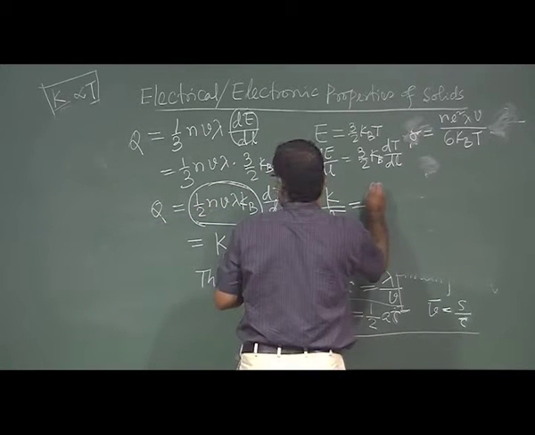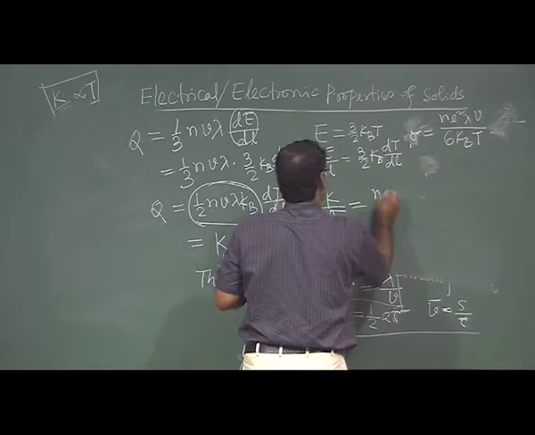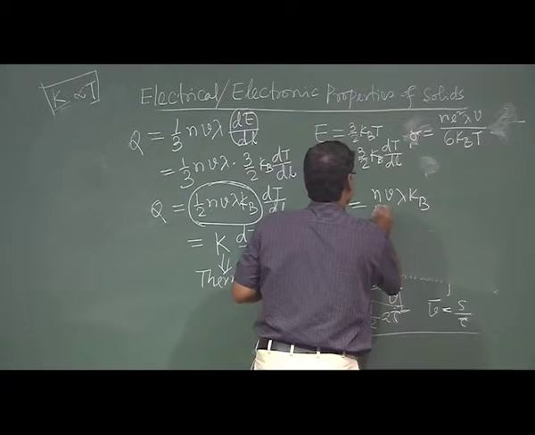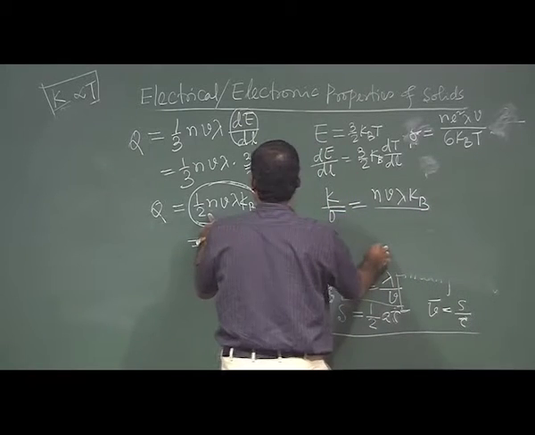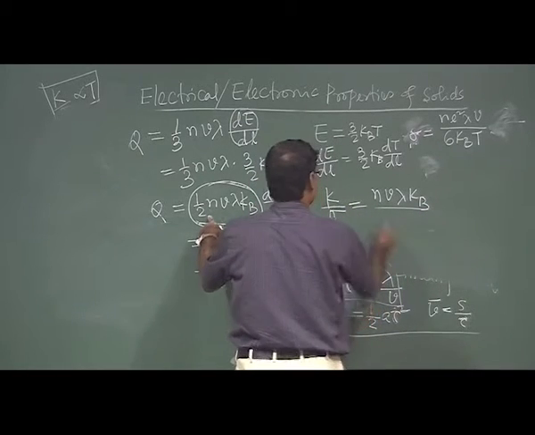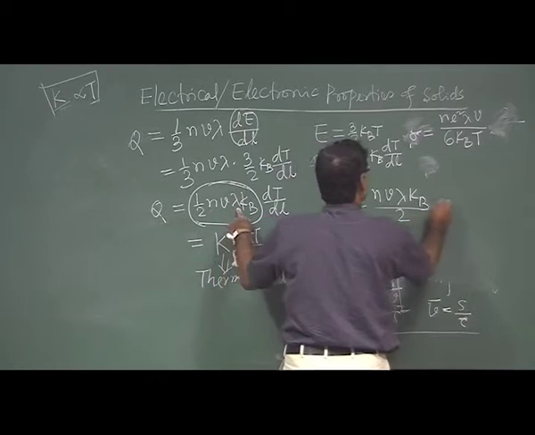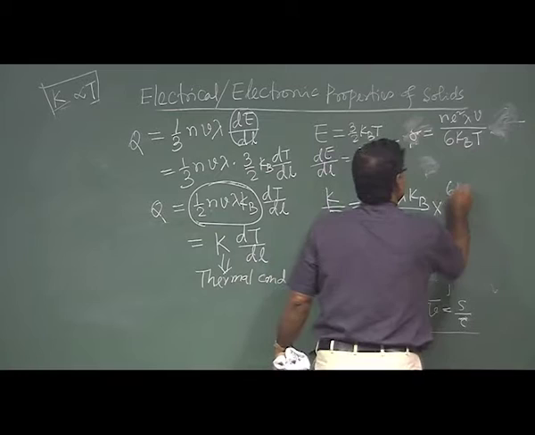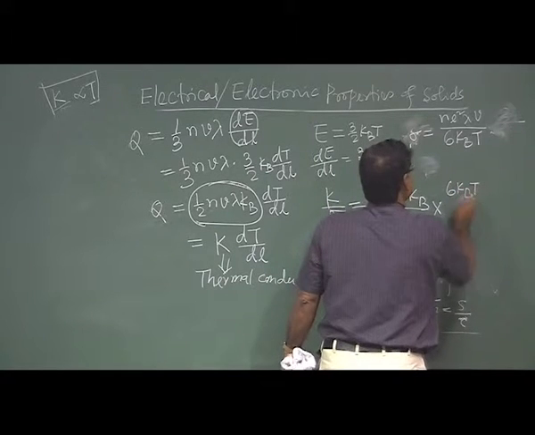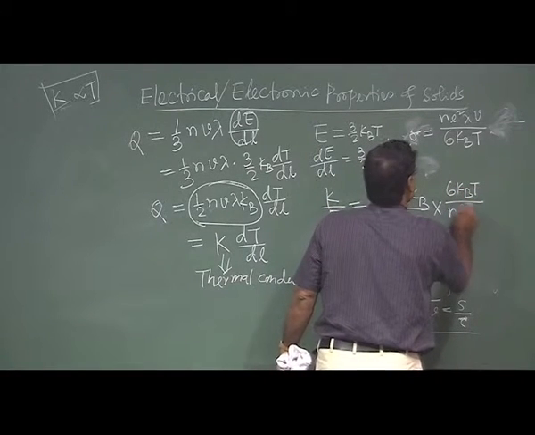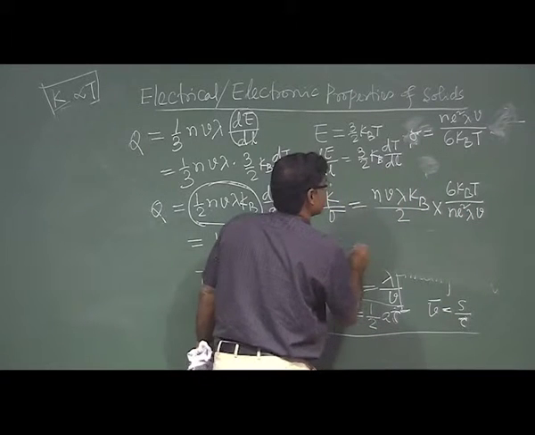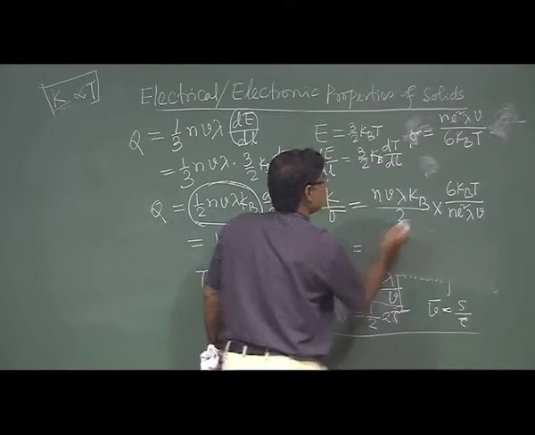So, this is n v lambda kB divided by sigma, which is n square e square lambda by 6 kB T v, right. So, I will get 3.